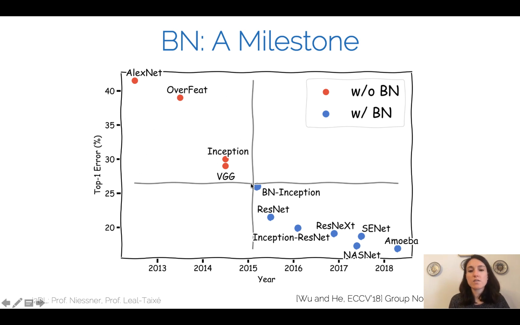As soon as batch normalization appeared, one can create deeper networks, one can better train those networks, and results are improved a lot with networks that are using batch normalization, which are here depicted in blue. So you can see that after 2015, all the networks that use batch normalization actually have an error that is usually lower than 25%.